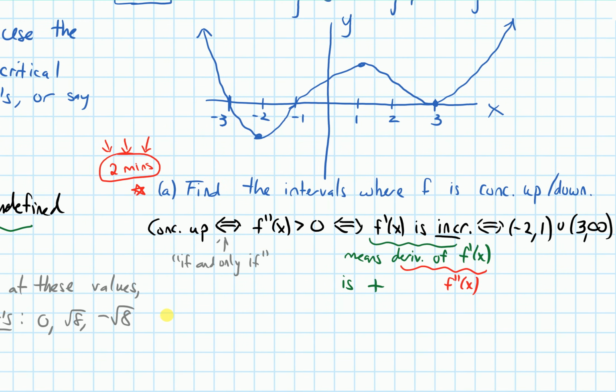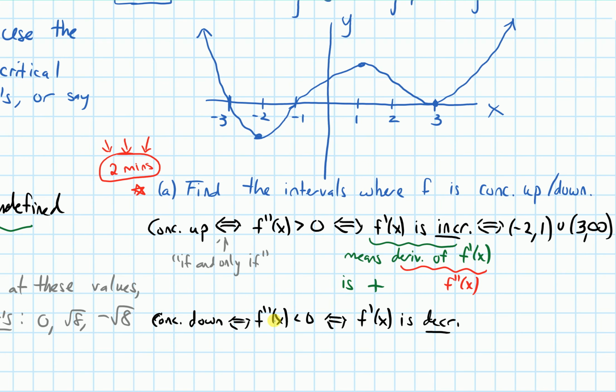Okay, so on the flip side, our original function would be concave down when the second derivative is less than 0, when it's negative. And that would happen when the first derivative is decreasing, because when the first derivative is decreasing, that means its derivative, which is the second derivative, would be negative.